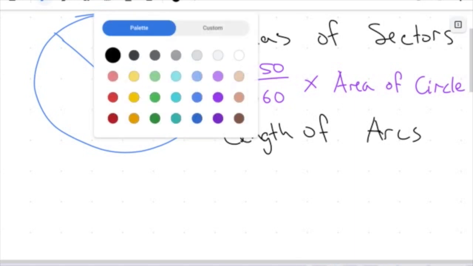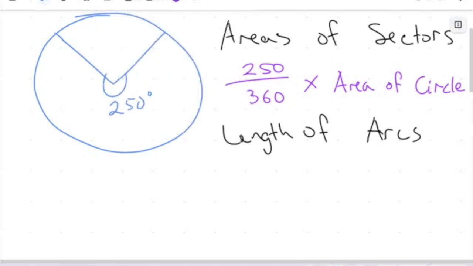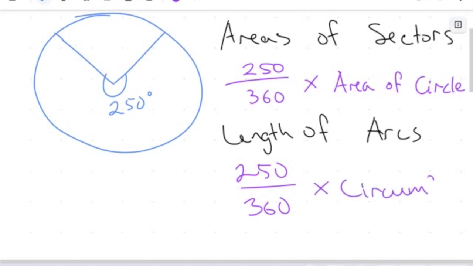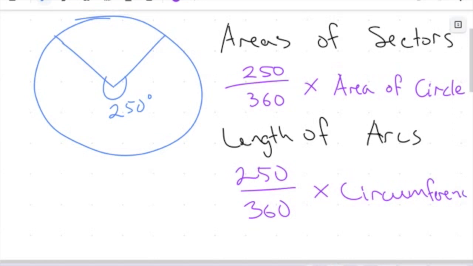The way we described the length of arcs is our fraction of 360 degrees, so 250 out of 360 degrees, and we multiplied that by the circumference.